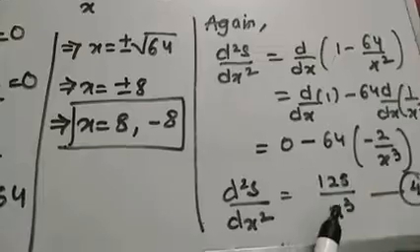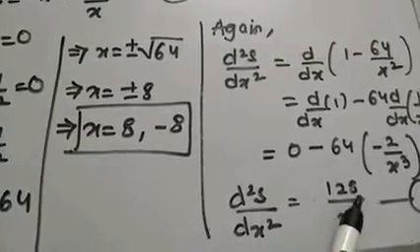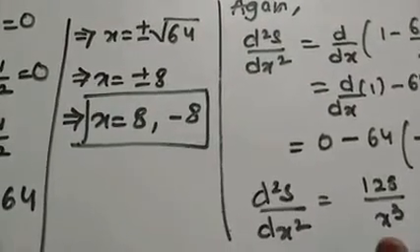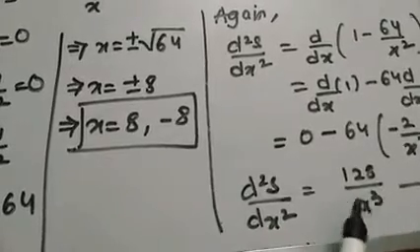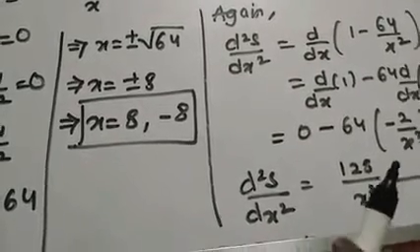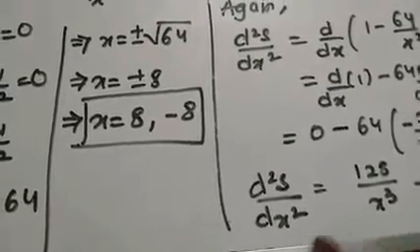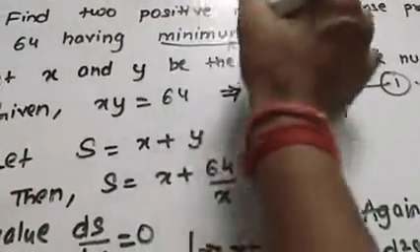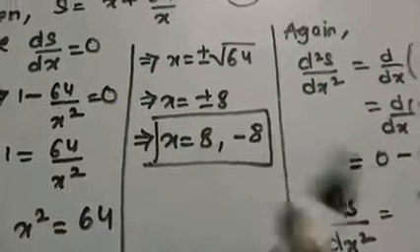See one thing, we got two values, one is 8. If you put 8 here, that is 8 cube, which will be a number, 128 by it. They both are positive, so greater than 0, minimum. And if you put minus 8, minus 8 cube will be a negative term, so that means less than 0, that will convert into maximum. So what we required for the question, we required minimum. So here we will check only for the point x equals 8.